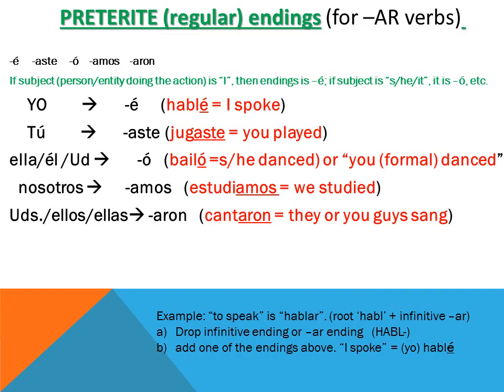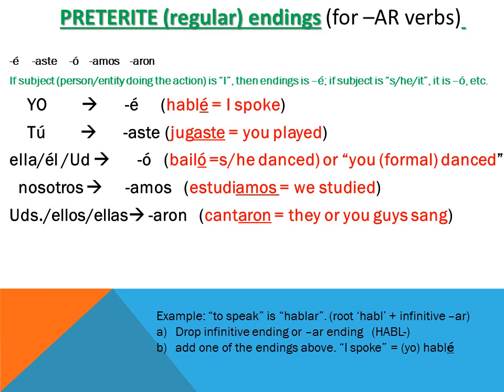These are the endings for the preterite. You can memorize that like é, aste, ó, amos, aron. This is for AR verbs. We'll see the ER verbs in a second. But é, aste, ó, amos, aron again they correspond to different grammatical subjects.